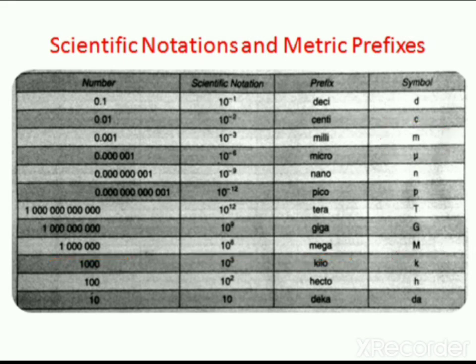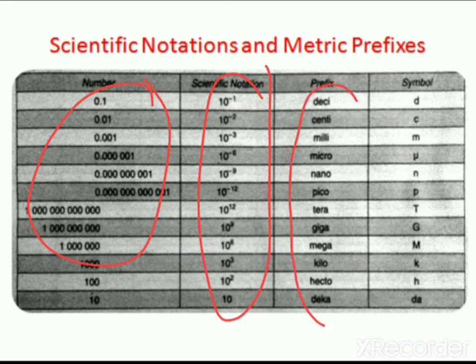So we can see that these small and large numbers we can write in this notation called as a scientific notation, and to express that here metric prefixes are there and symbols are here.